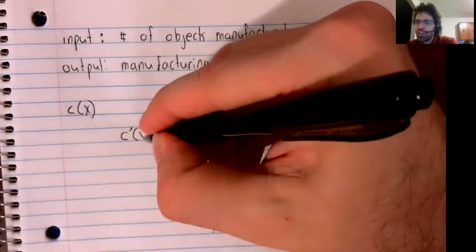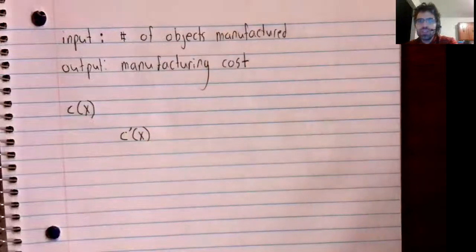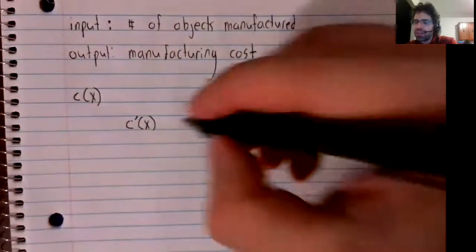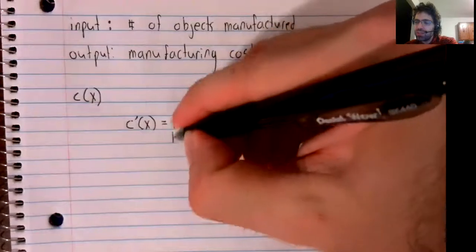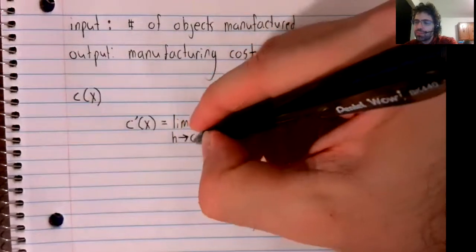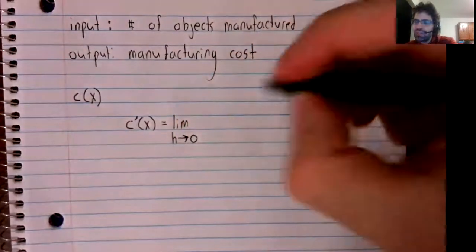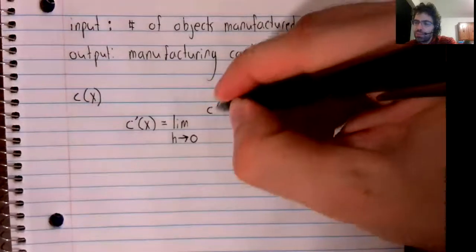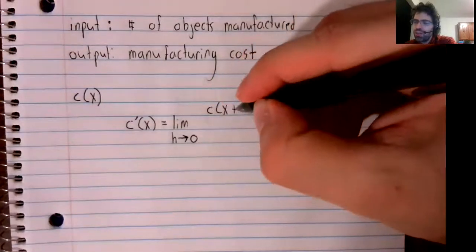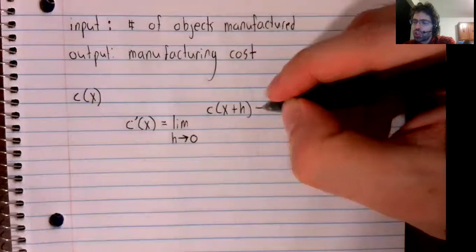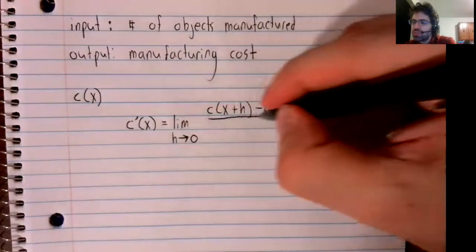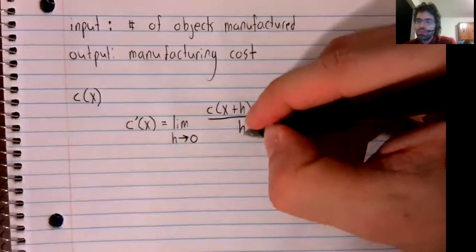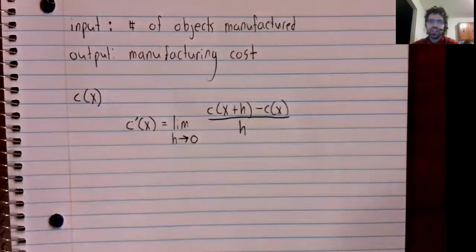And by definition, C prime of x is the limit as h approaches 0 of C of x plus h minus C of x, all divided by h.